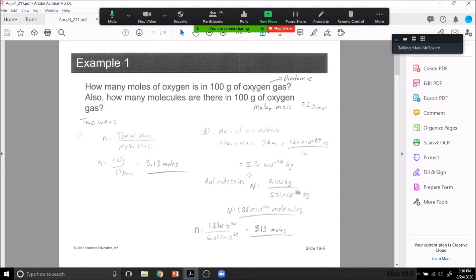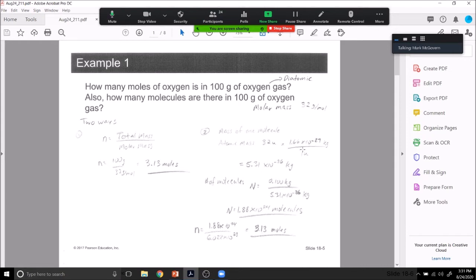To get the number of molecules, you take the whole divided by a single increment. So again, you got to put this in kilograms here, 0.1 kilograms, divided by the mass we determined before, and we get 1.88 times 10 to the 24 molecules. Okay, we compare that to Avogadro's number, and we also get 3.13 moles.